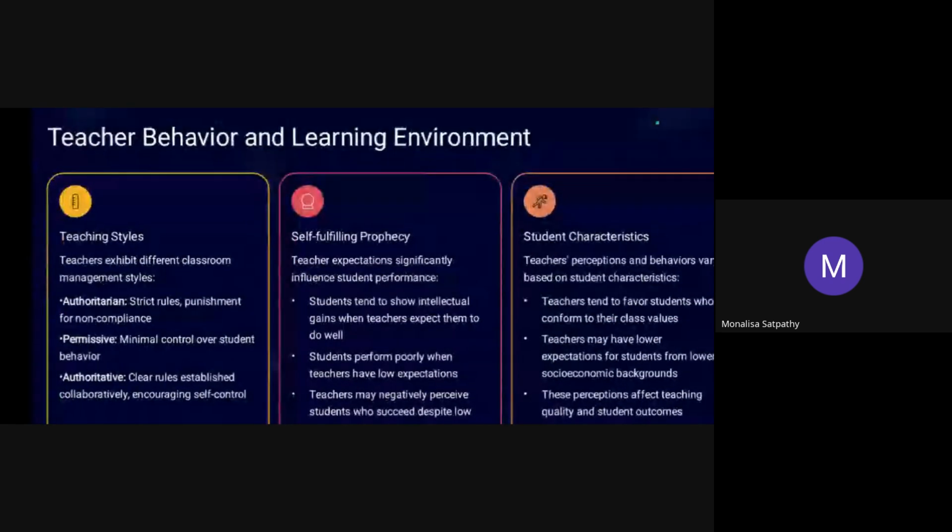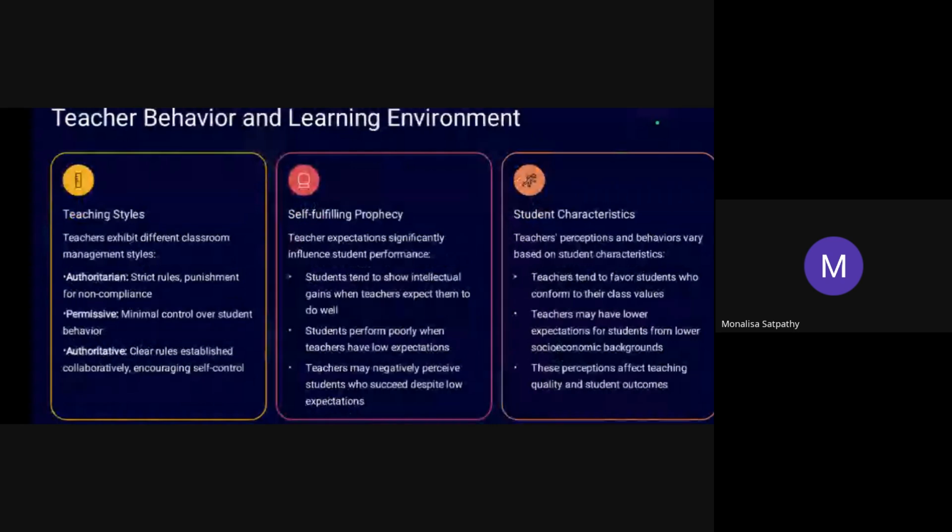Then let us talk about different aspects of school which affect the process of learning. First, the teaching style of a teacher affects the learning process. It affects the behavior of the learners. Teachers, as we know, are role models for the students, and the teacher's character, behavior, attitude, and determination all affect the process of learning, and the teacher's teaching style also affects it.